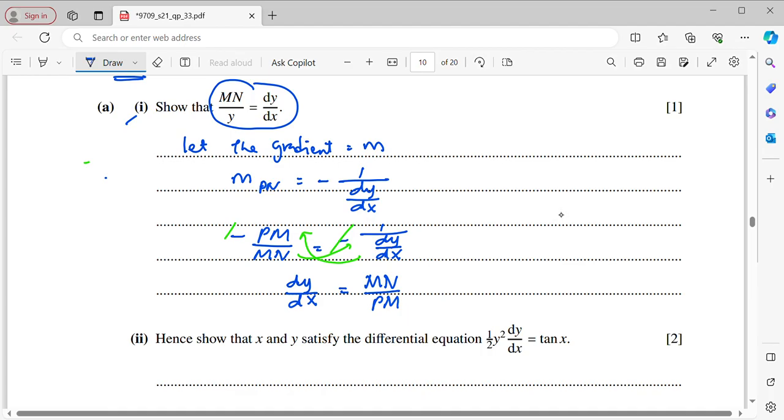So then you can just change this to MN over y. Therefore we have shown this MN expression. So we have done the first part of A.